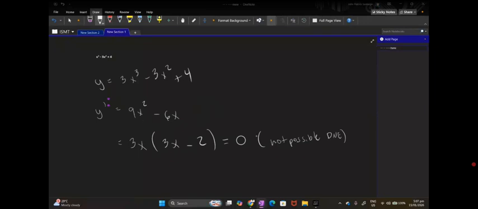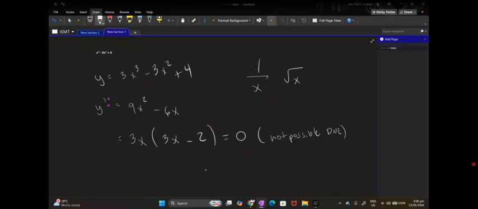Not exist lang siya if it's a rational function or merong square root. Kaya ito yung ina-explain ni Sir Oscar. Pag polynomial, hanggang equate to 0 lang siya. Hindi mo siya pwedeng ma-equate sa does not exist, unless na rational function siya or square root function siya. Ayun lang yung sinasabi ni Sir Oscar.